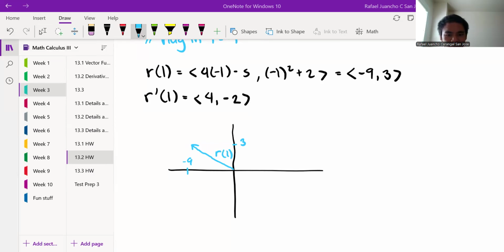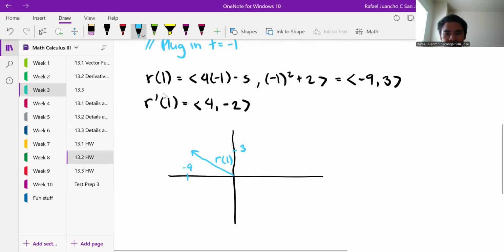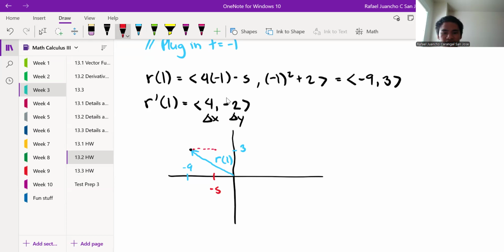Yeah, hopefully. And then now its tangent is 4, -2. So it's going to start here. That's where it's going to start. And from here, I'm going to move 4 to the right, right? Because this is my change in x, my change in y. So I'm moving 4 to the right, and 2 down.